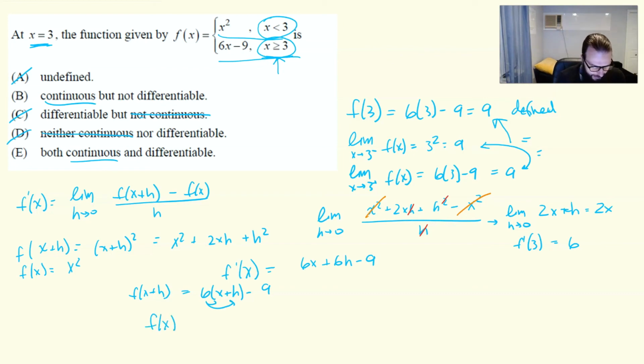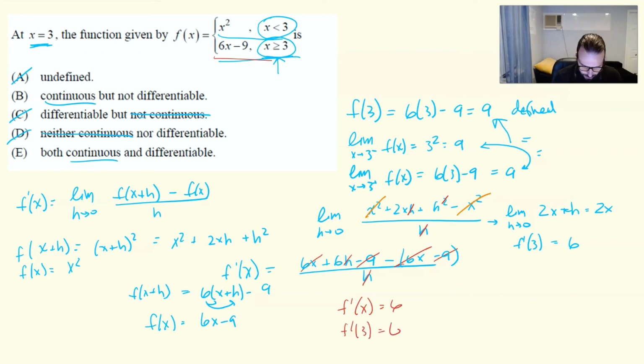The f of x is just 6x minus 9, so we're going to do minus 6x minus 9 all over h. The 6x's subtract out, as do the 9's, because this is minus a negative 9, and we are left with just 6h over h, which is now just 6. So the f prime of x for the bottom function here is 6 at all points, so the f prime of 3 here is also 6.